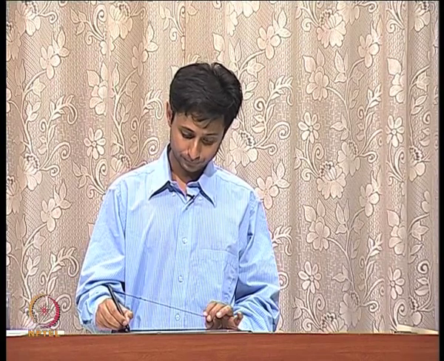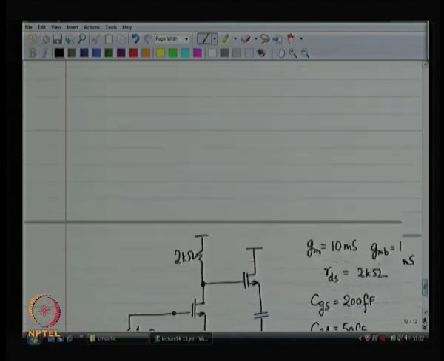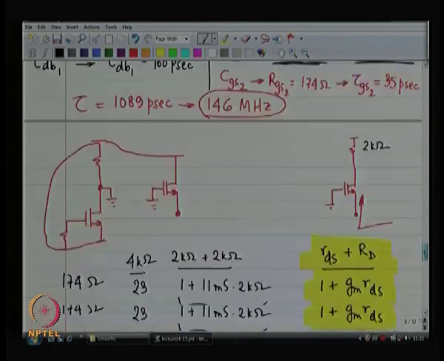So, what do we do? This was our first cut design, then we moved on to our second cut. Our second cut design had, right.